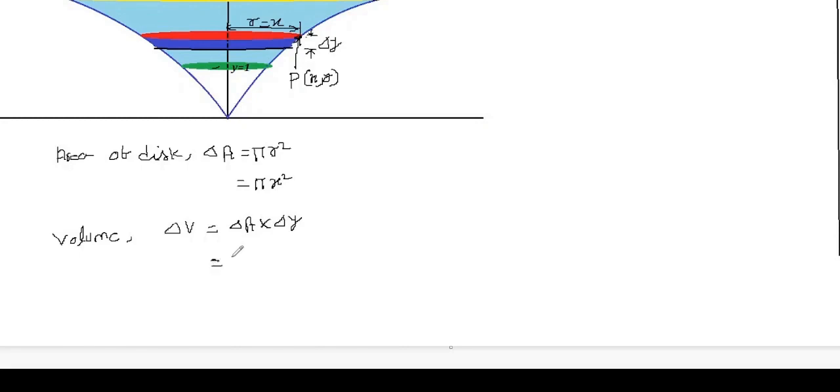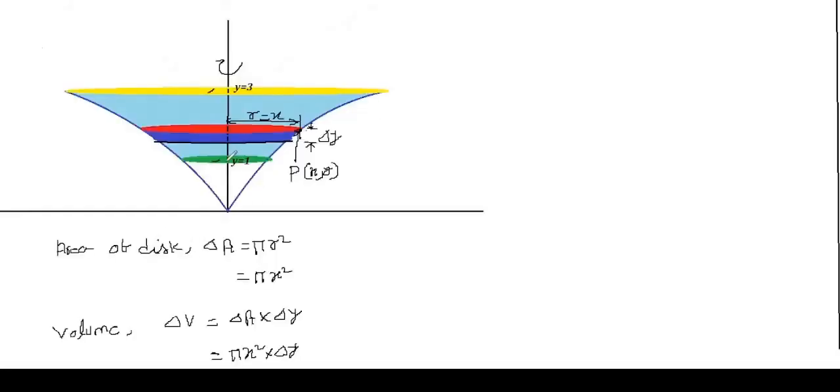Overall, it gives you pi x squared times delta y. As this is the volume of this disk, if you want to get the volume of the entire solid, we have to integrate it from the lower portion to the upper portion.